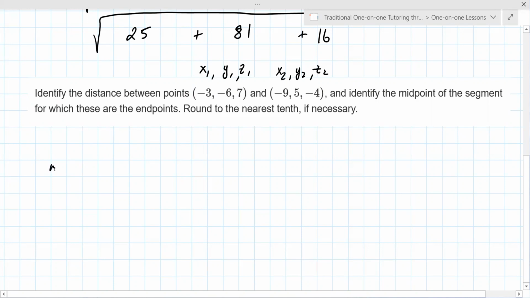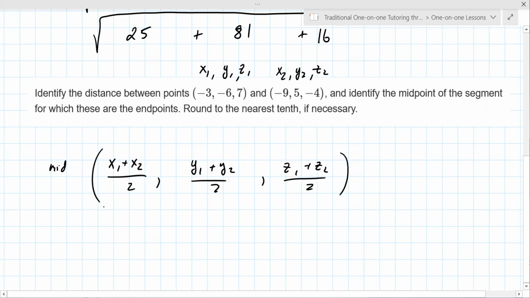So to find the midpoint, x1 plus x2 over 2, comma, y1 plus y2 over 2, comma, z1 plus z2 over 2. Basically, you just take the first number, you add them up, divide by 2. Second number, add them up, divide by 2, third number, add them up and divide by 2. Can you give me the midpoint here whenever you got it? Okay.